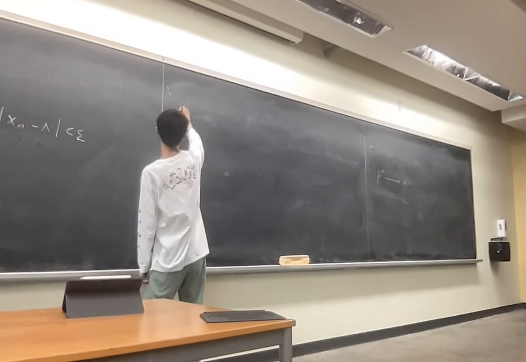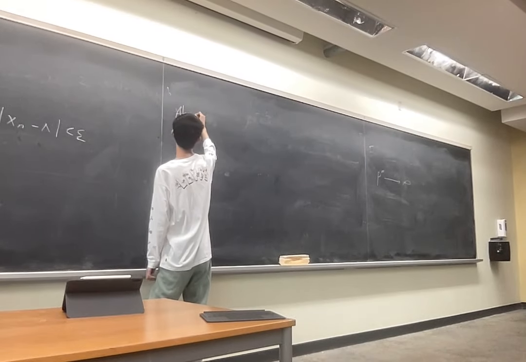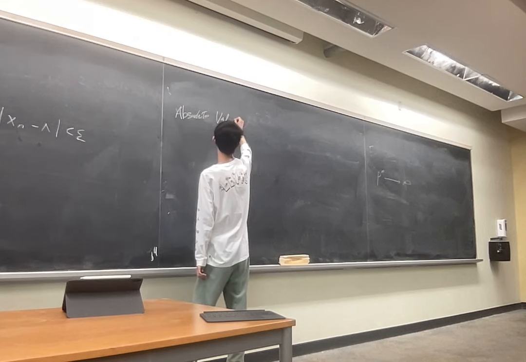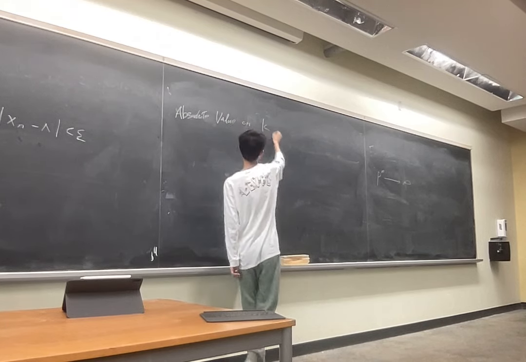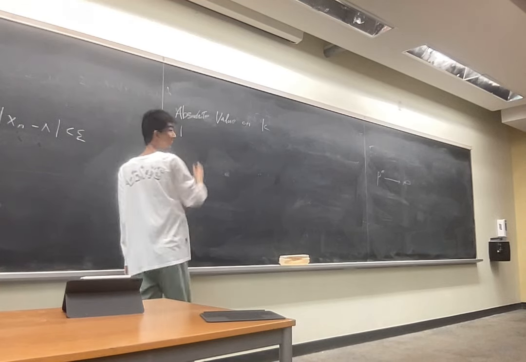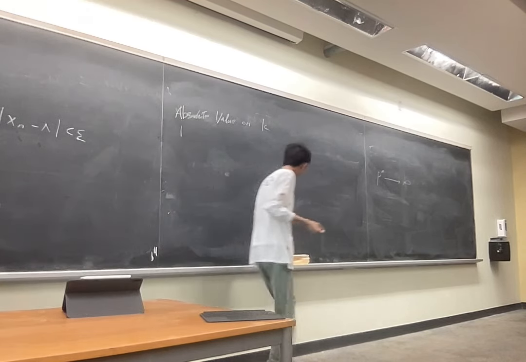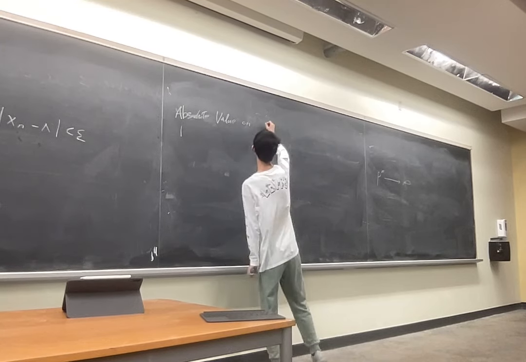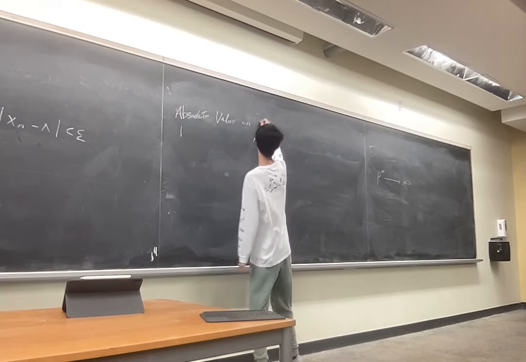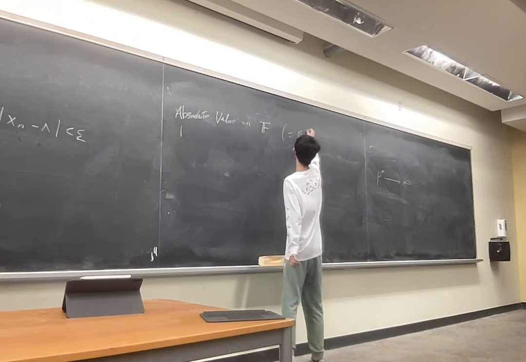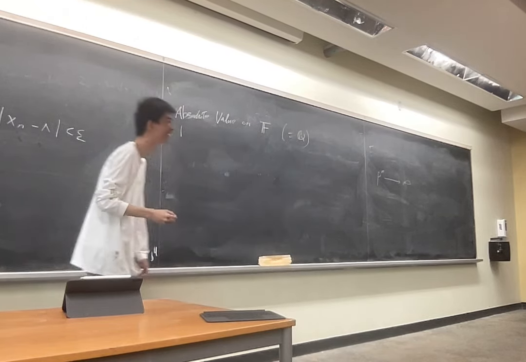So absolute value on a field F. You can think F is Q. You can say F equals Q if you want.